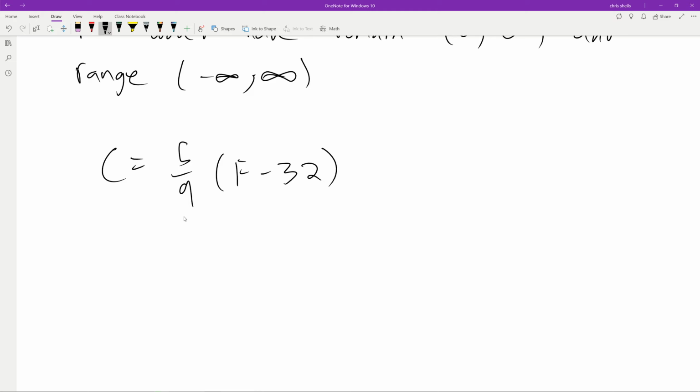So let's multiply both sides by 9/5. This gets me that 9/5 C is equal to F minus 32.